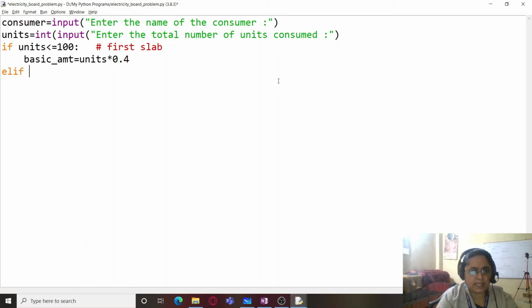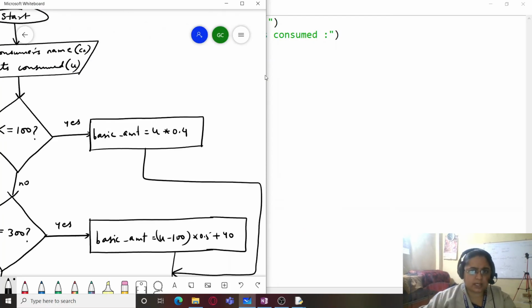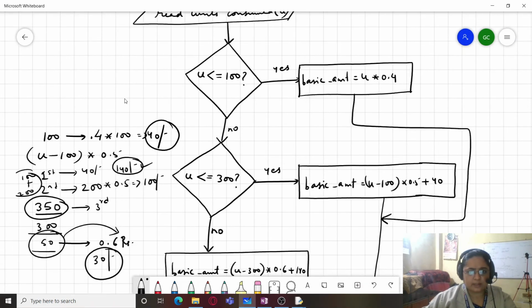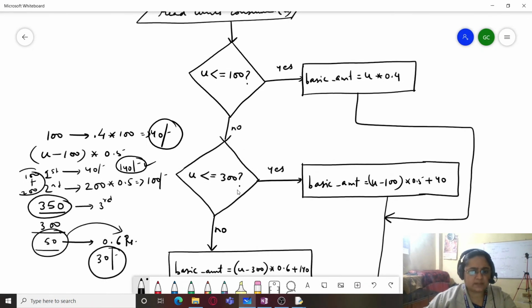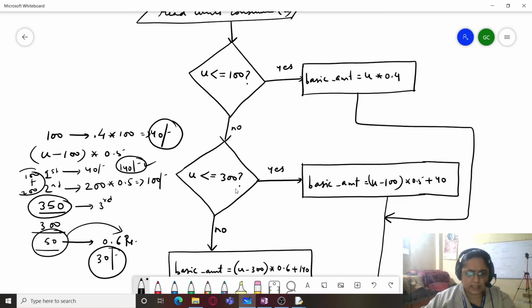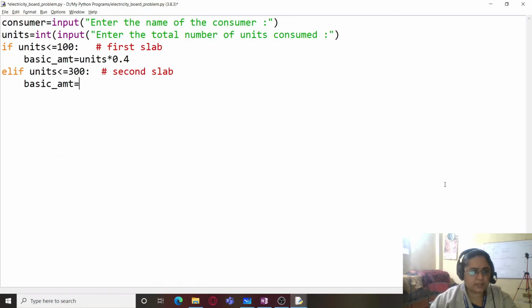Elif, the next thing which we have to check out is our second case, if it falls within the second slab. So if number of units is less than equal to 300, that is the second slab, then basic amount will be calculated as, we had already done this, units minus 100 into 0.5 plus 40.